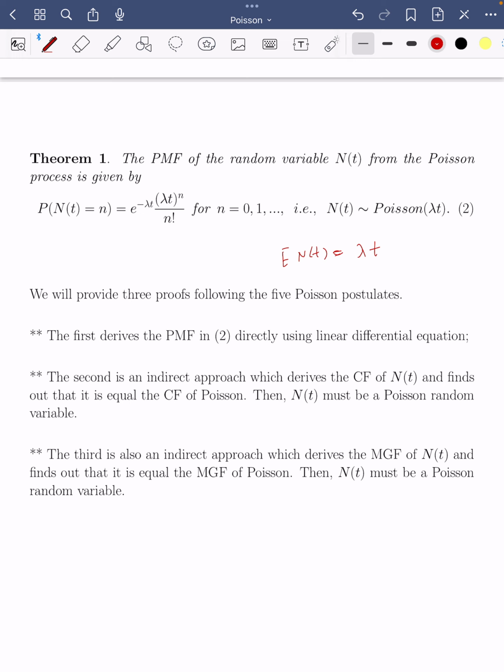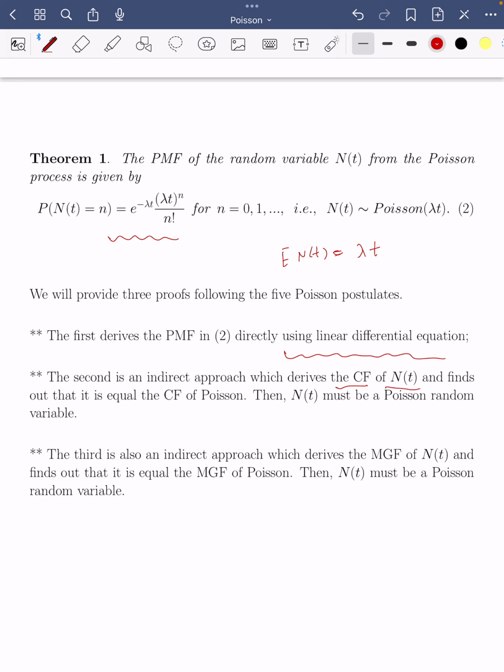We will provide 3 proofs following the 5 Poisson postulates. The first proof derives the probability mass function using a linear differential equation. The second is an indirect approach, which derives the characteristic function of N(t).